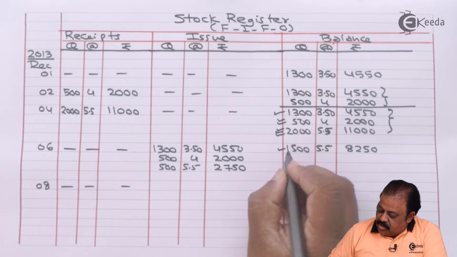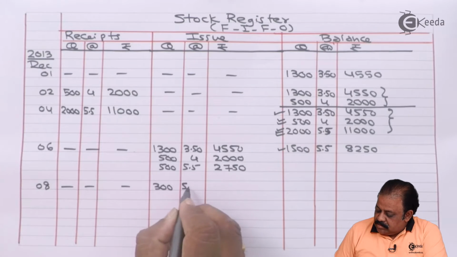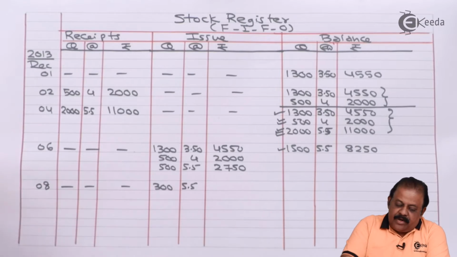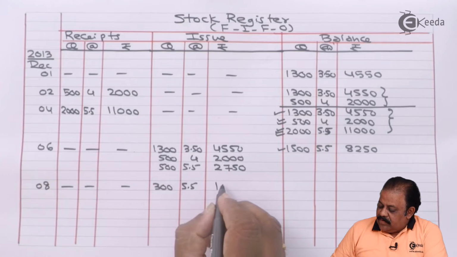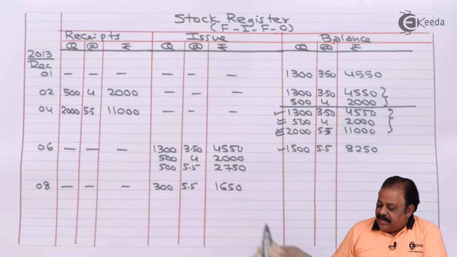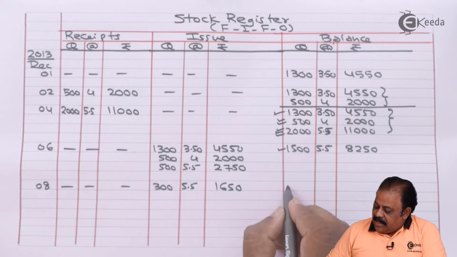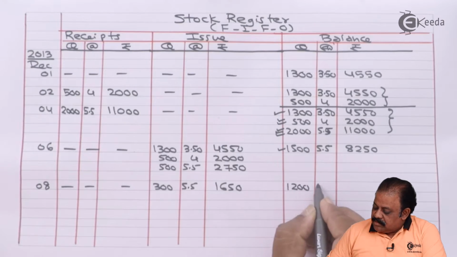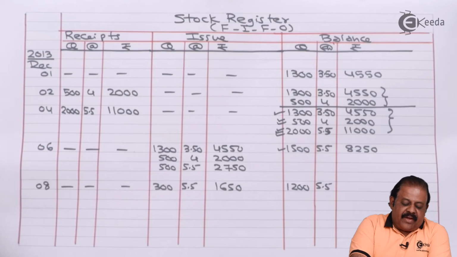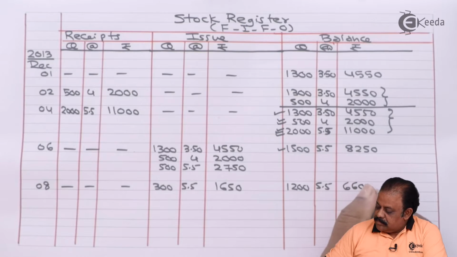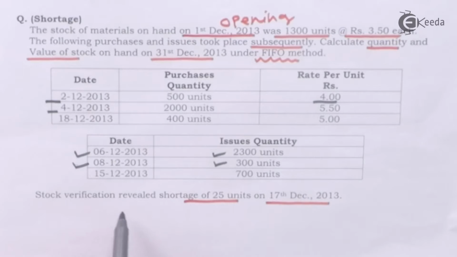On 8th December there is issue of 300 units. It will be from this lot at the rate of 5.5, 1650. Out of 1500, 300 units are issued. So balance 1200 units at the rate of 5.5, 6600.